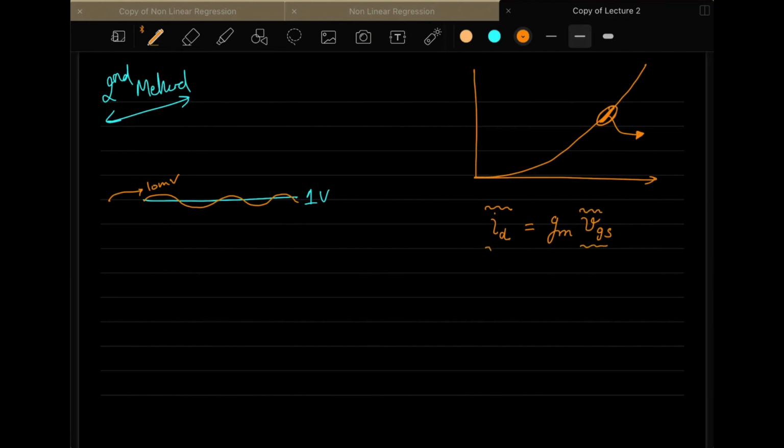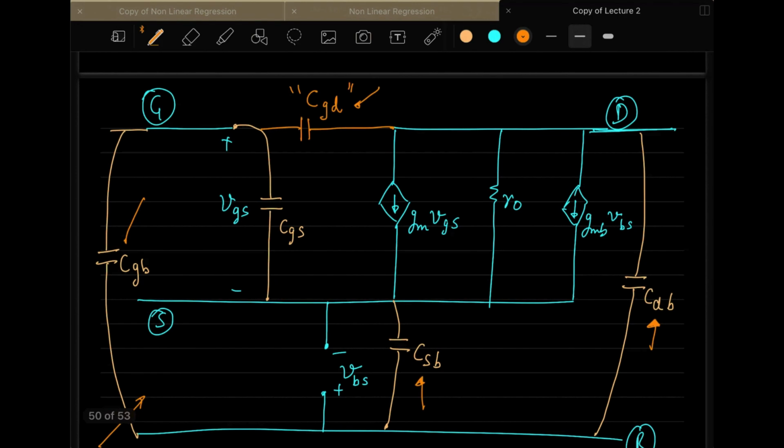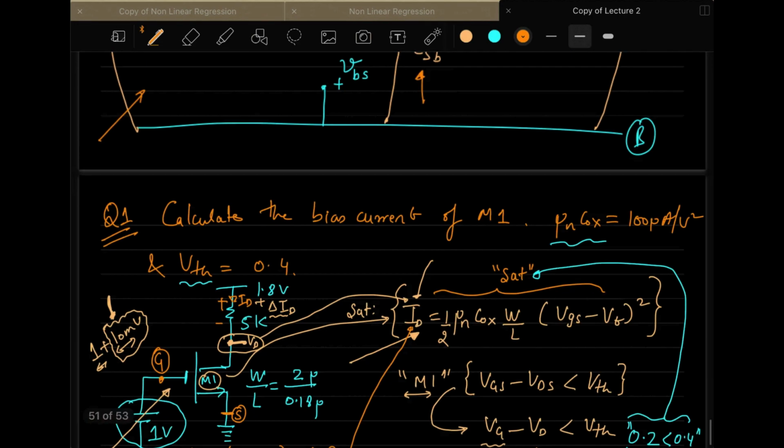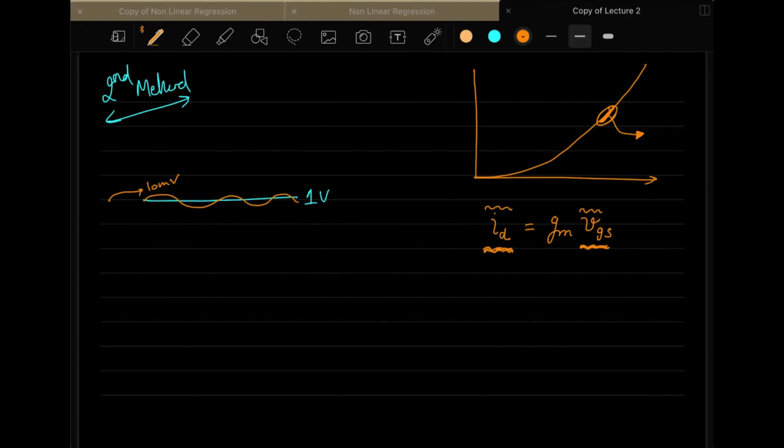This equation you know already. This is from small signal analysis, which we have done earlier. This is the small signal current which flows because of the small signal gate to source voltage that you are applying. So the important thing that is required to be calculated here is gm.